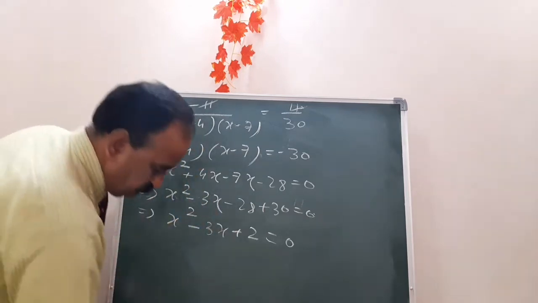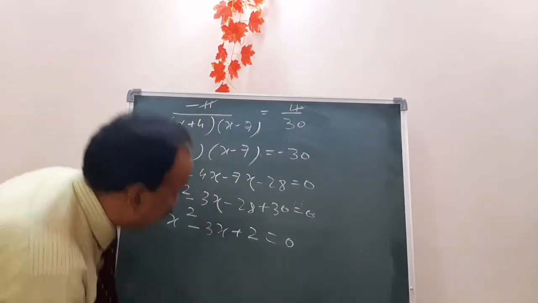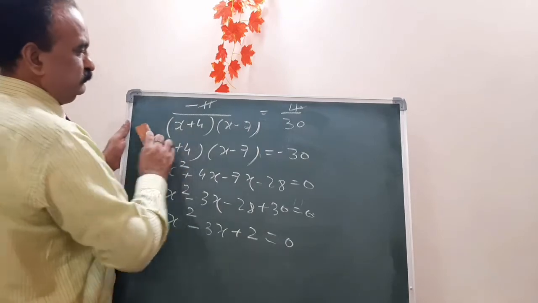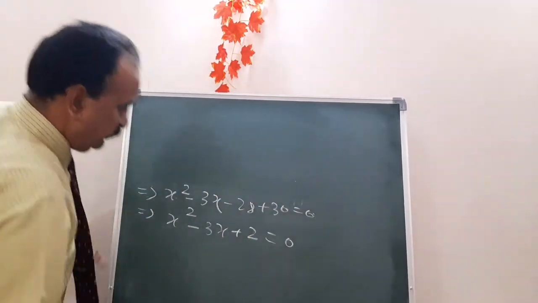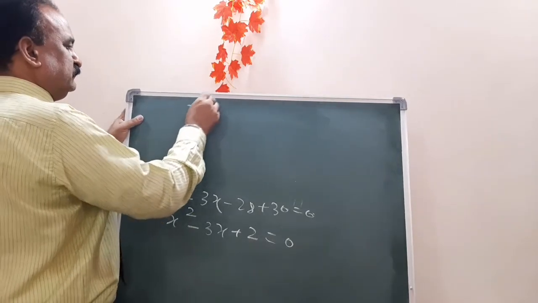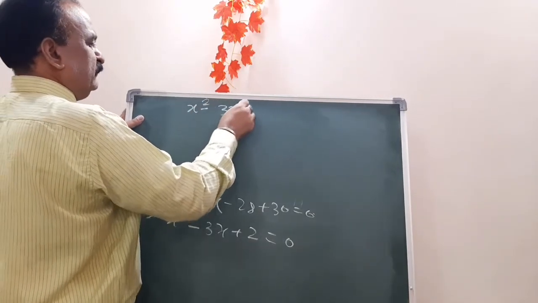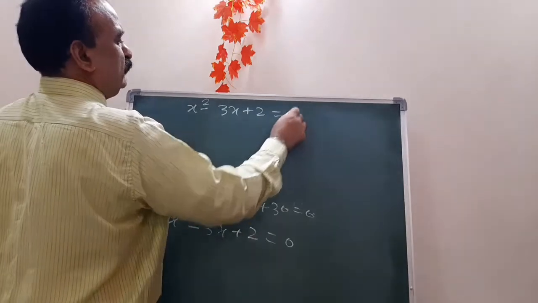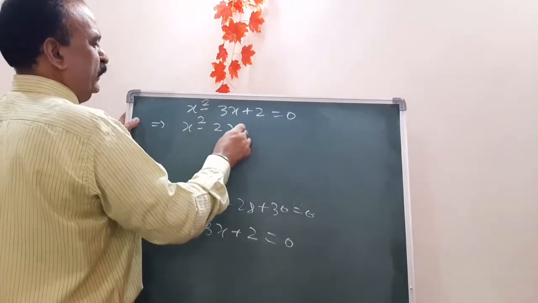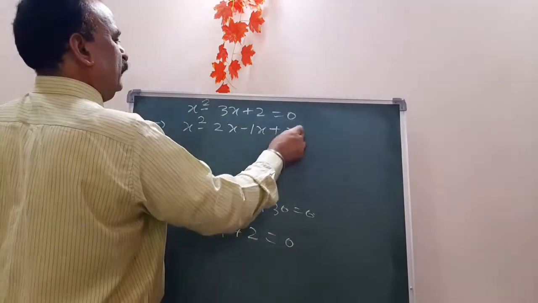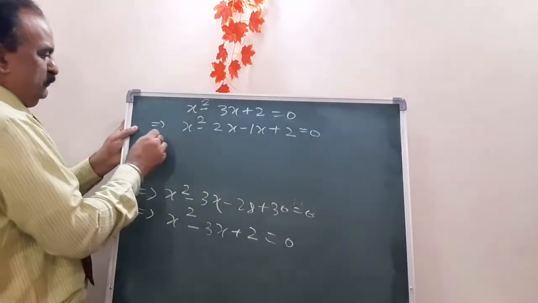Now here, x square minus 3x plus 2 equal to 0. So x square minus 2x minus 1x plus 2 equal to 0.